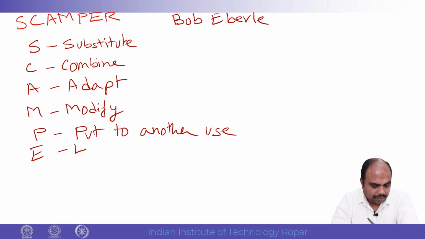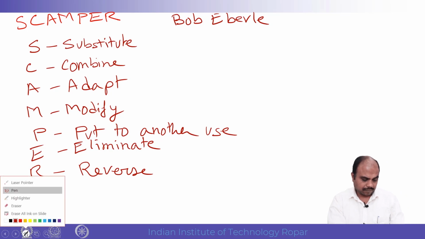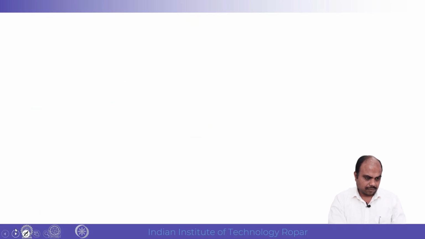E for eliminate. And R for reverse. So we will learn more on these details.